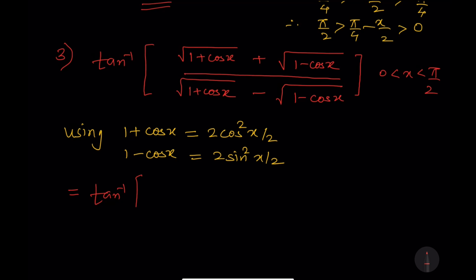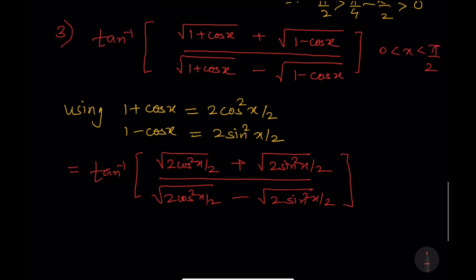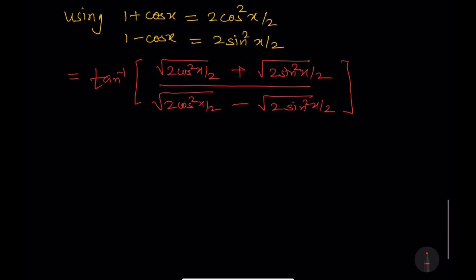Let's continue. So using this we get tan inverse of (square root of 2 cos square x by 2 plus square root of 2 sin square x by 2) upon (square root of 2 cos square x by 2 minus square root of 2 sin square x by 2).